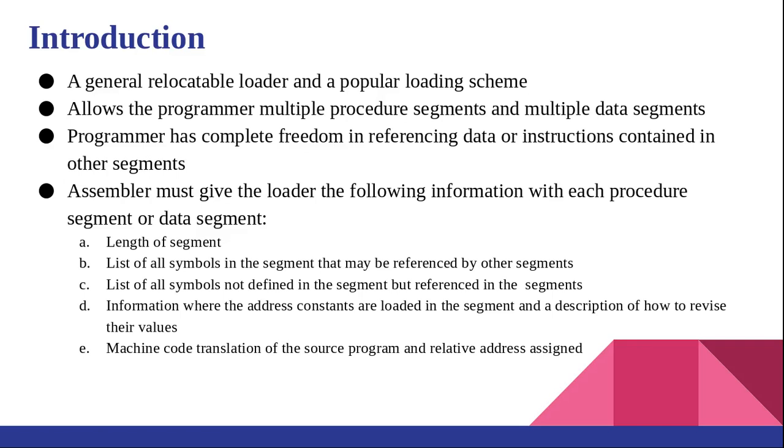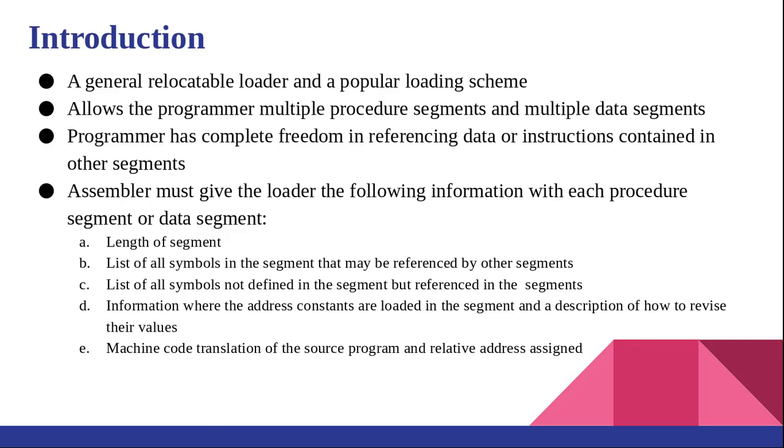Then it will convey the information about where the address constants are loaded in the segment and a description of how to revise their values. Suppose in our program we are storing some constant value to a symbol, and that constant value is the address of another instruction.